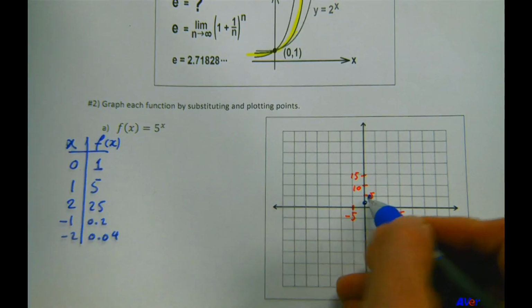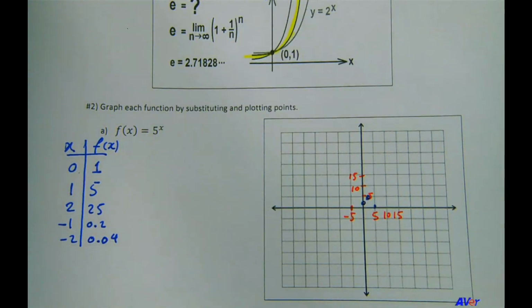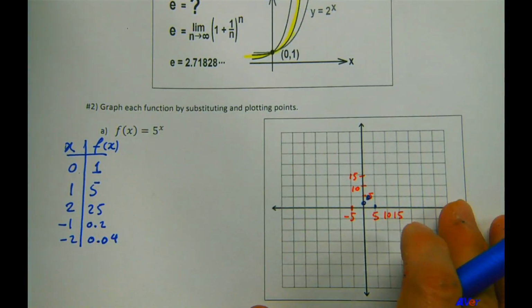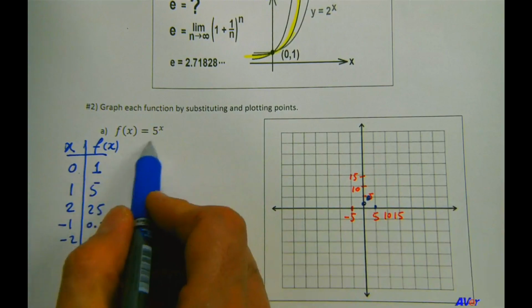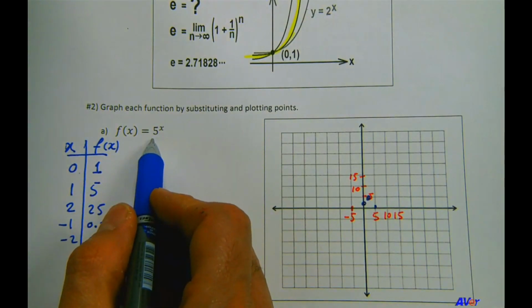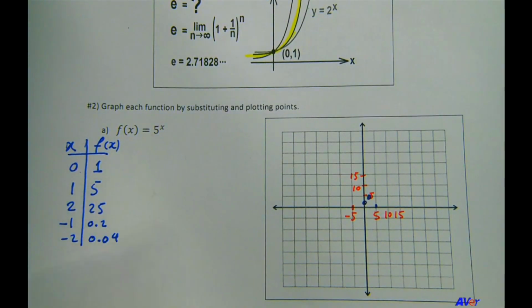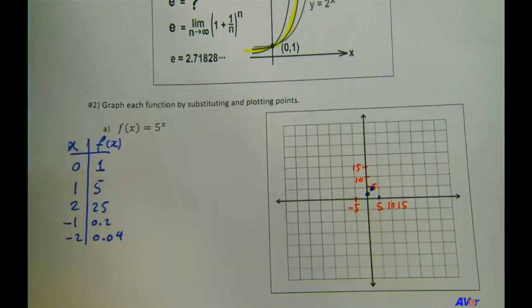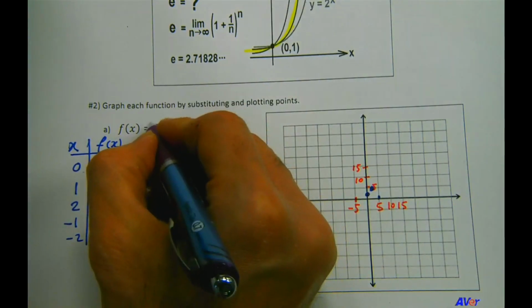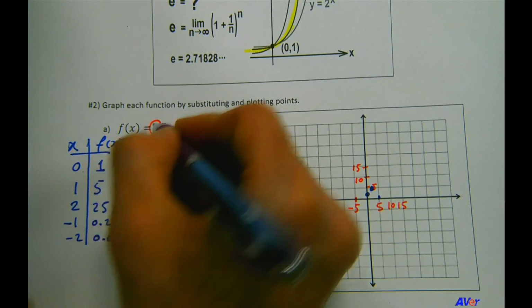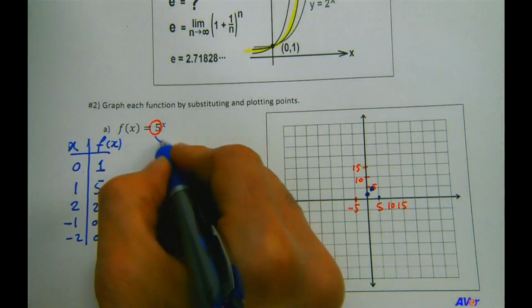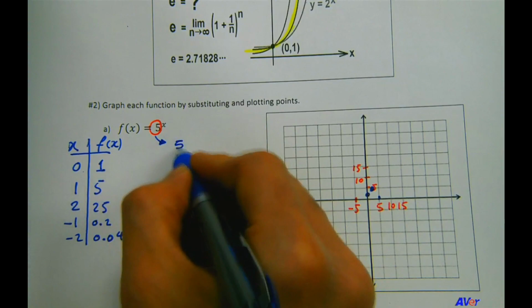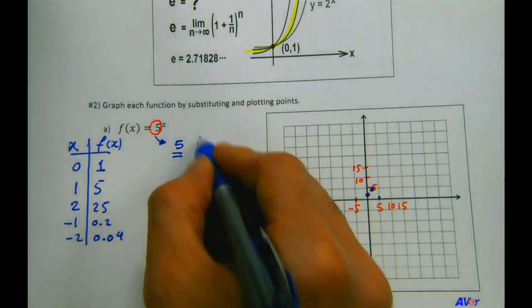All we need is just to get a rough idea where this curve is. First of all, we know it's a growing exponential function. Let me actually write that down. Because of this base, we know that 5 is greater than 1.